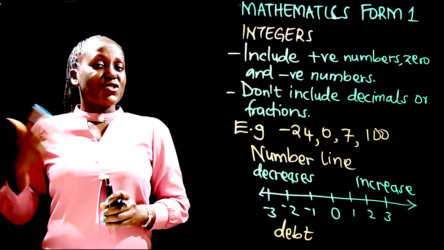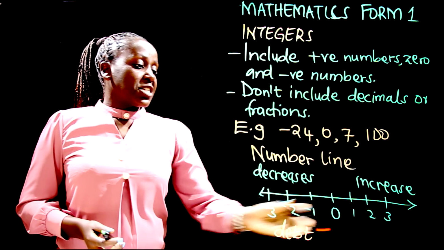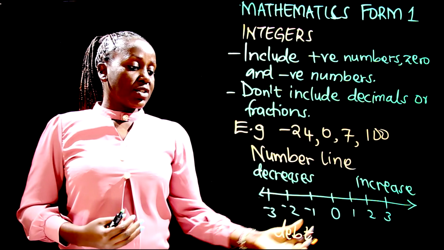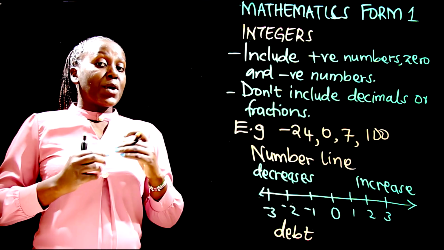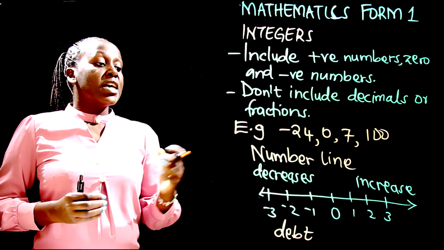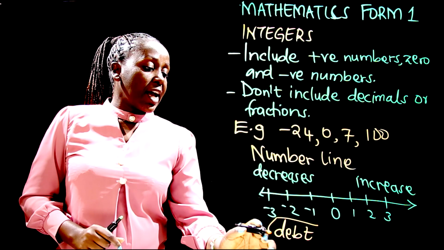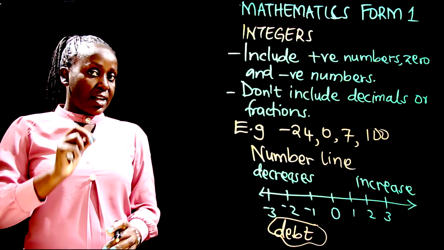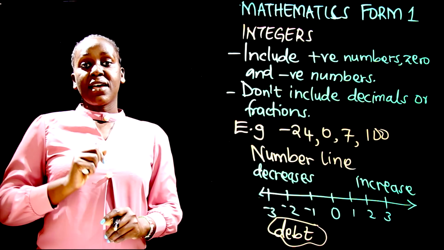You know you have it, but it's not yours. So you will later on return it. But if it is something that is positive, then you can count that as money that you actually have. So when we start adding and subtracting integers, I need you to remember that you treat the negative numbers as debt. And then I'll show you how you can interpret this to make your work easier.